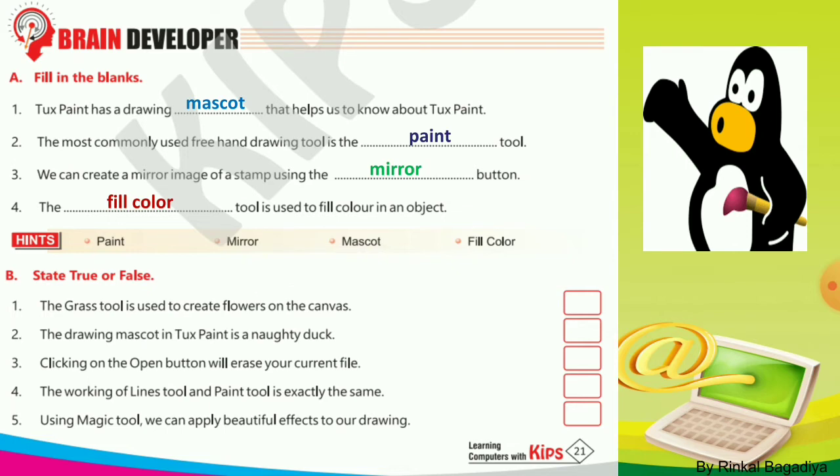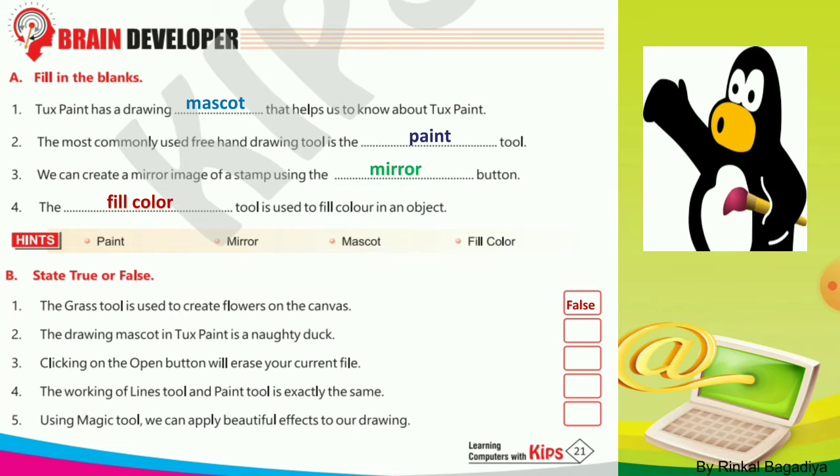So, write in the first box false. F-A-L-S-E, false. Here the box is too small. So, if your handwriting is going out of the box, then it's okay. Don't worry. But write the whole spelling of false. F-A-L-S-E, false.